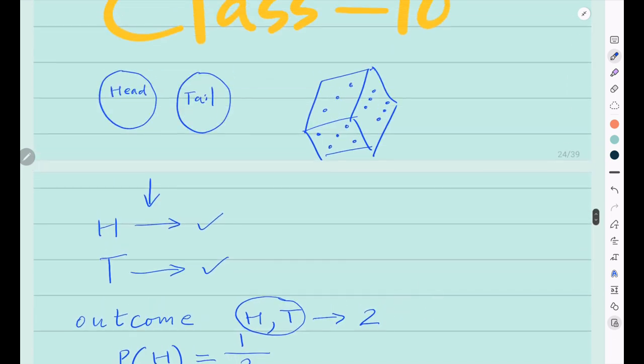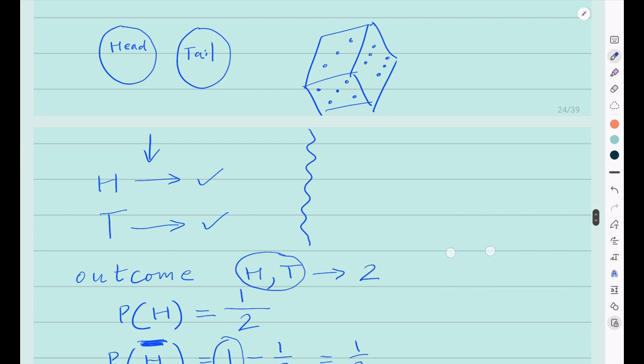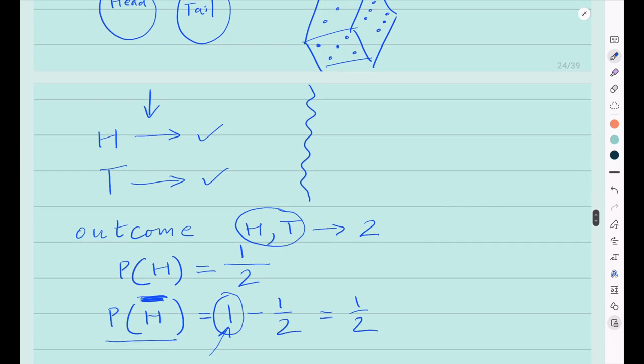Let us also take the example of a dice. When we throw a dice, how many facets does a dice have? A dice has 6 facets. Okay. And then what is the probability of getting 2 when we throw a dice?